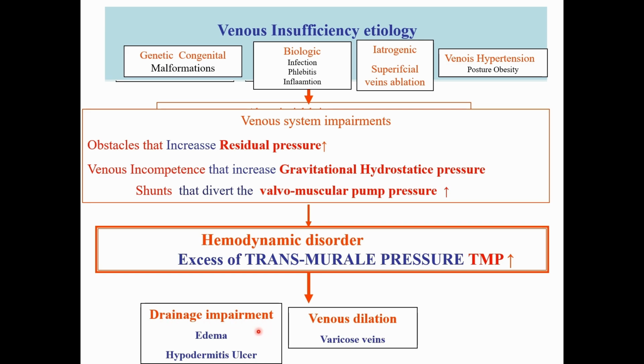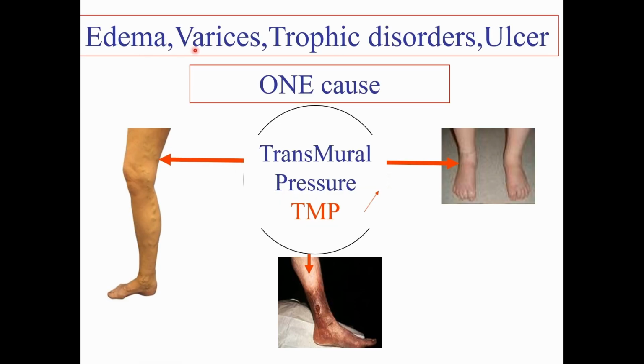Drainage impairment causes edema, hypodermitis, and ulcer, and venous dilatation is the cause of varicose clinical veins. Edema, varices, trophic disorder, ulcer have one cause, an excess of transmural pressure.